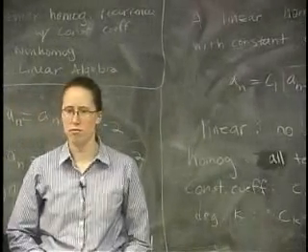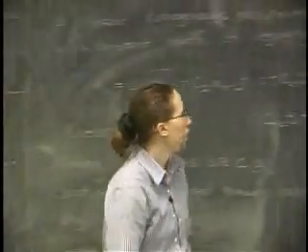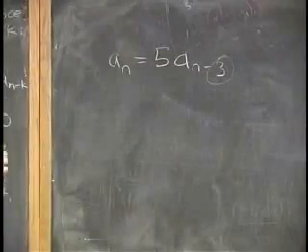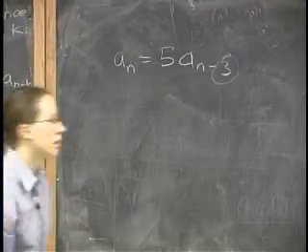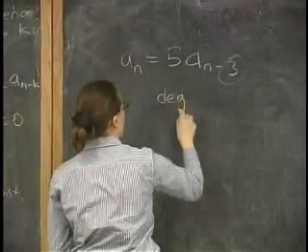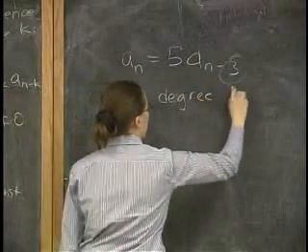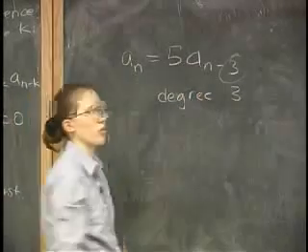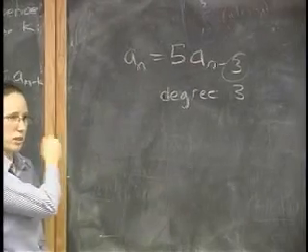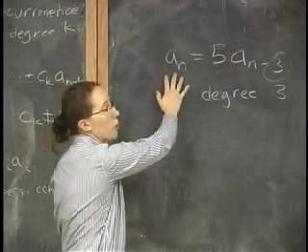So does this vocabulary make sense? Degree 3 is this last. The first one is degree 5? Because it's degree, so this is degree 3, because we've gone down 3 steps from an. This depends on something that's 3 removed from our starting point.